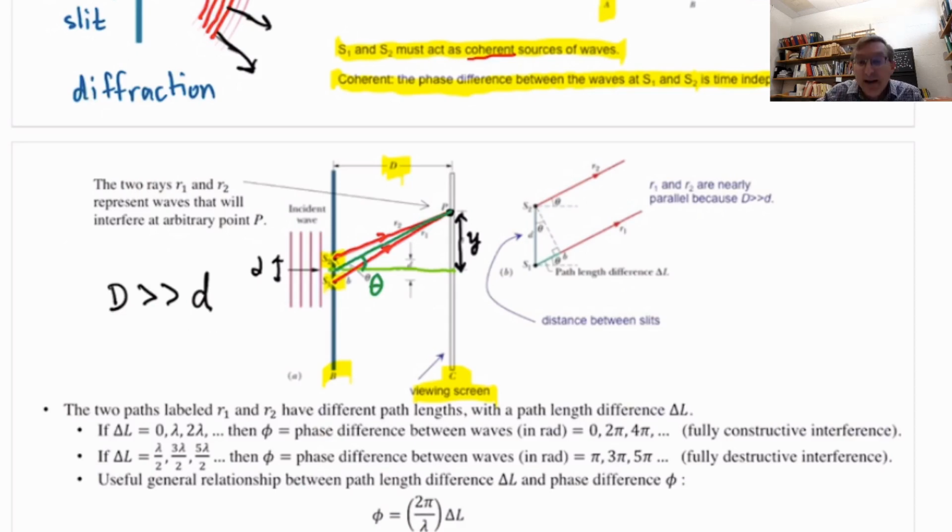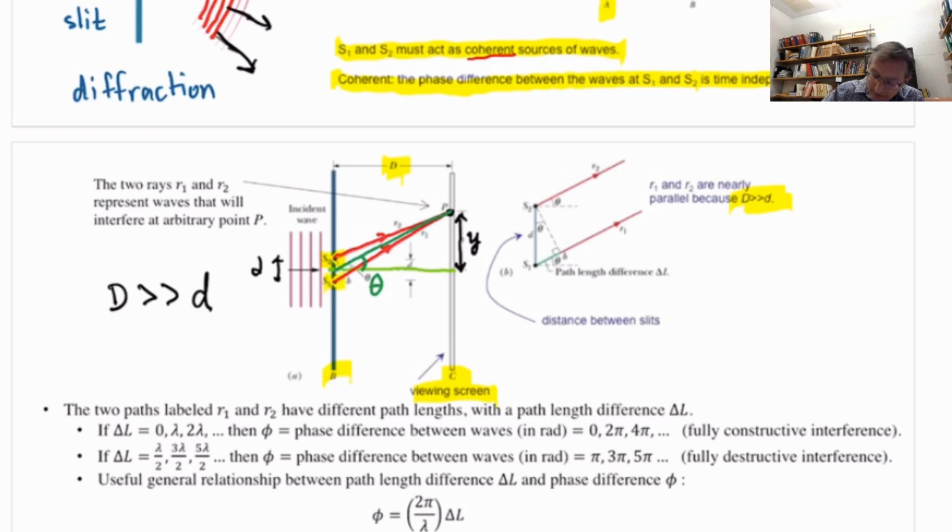The picture on the right, however, is a little more realistic, at least for what we're imagining. We are assuming that big D is so much larger than little d that those two rays that I drew in red and labeled R1 and R2, both going to the same point P on the viewing screen, are actually, to a very good approximation, parallel to each other.